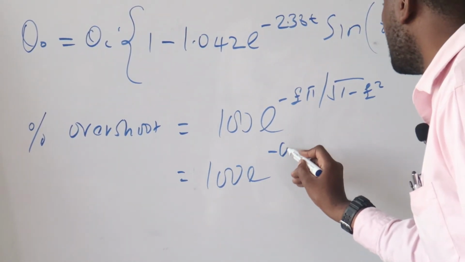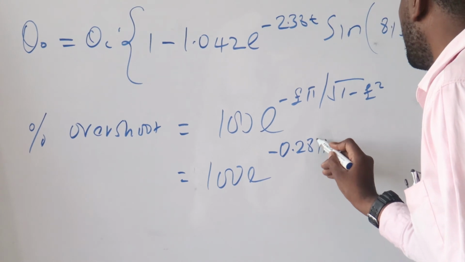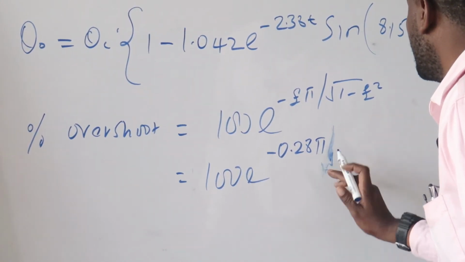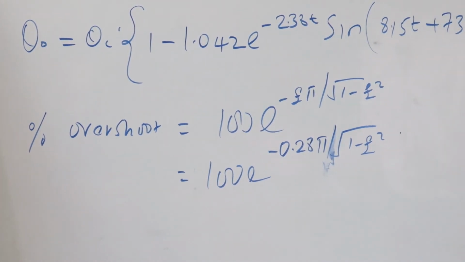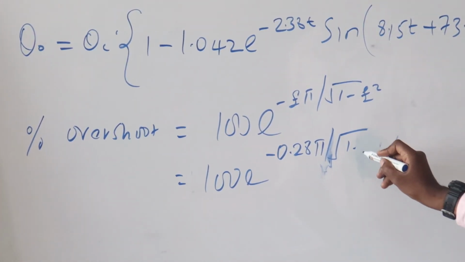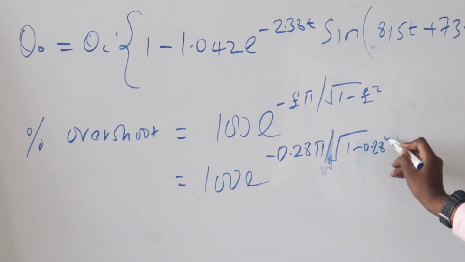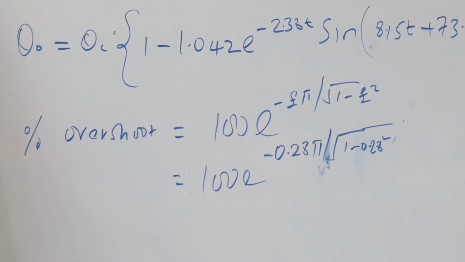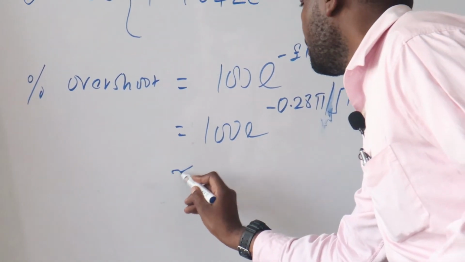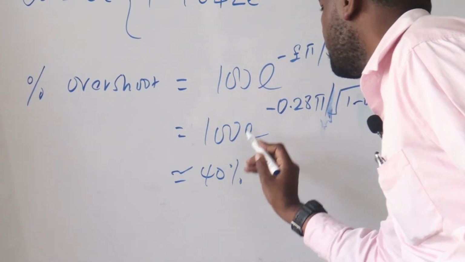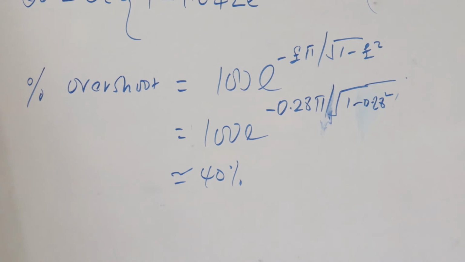So we have negative 0.28 pi divided by root of 1 minus zeta squared, which is again 1 minus 0.28 squared, of which if we evaluate this, it will be 39.999, which is approximately 40%. So that is now the percentage overshoot.